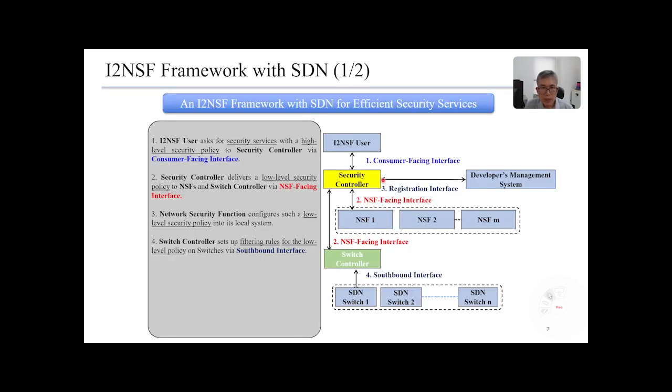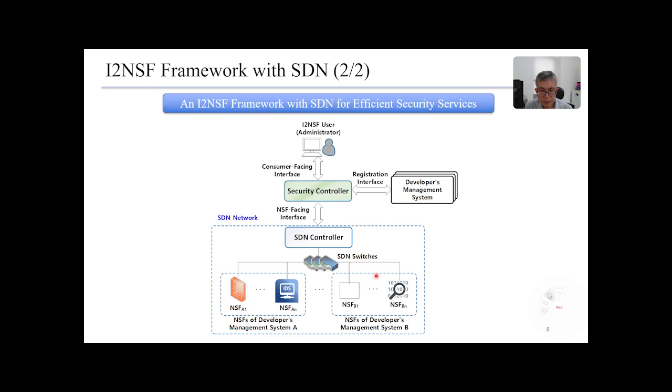So we can extend the I2NSF framework with the SDN. You can see the upper one is the I2NSF framework, and the lower one, the switch controller, is the SDN controller, and the SDN controller governs multiple SDN switches like OVS, OpenFlow switches. This figure shows an SDN network governed by the I2NSF framework.